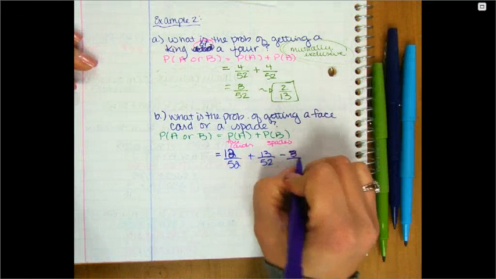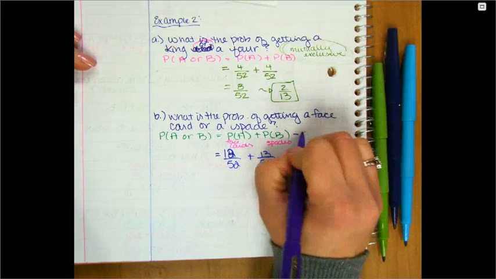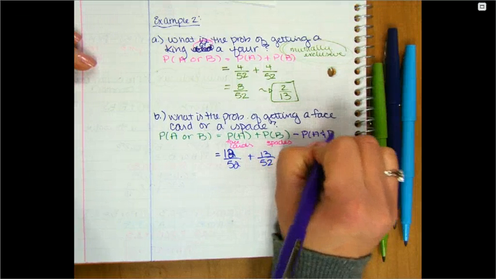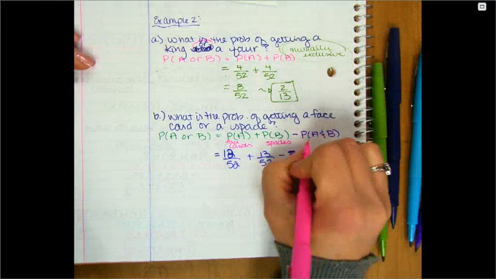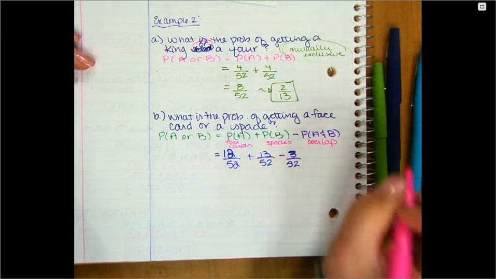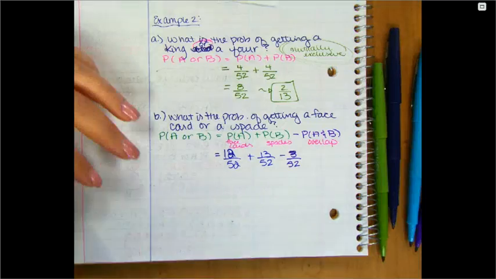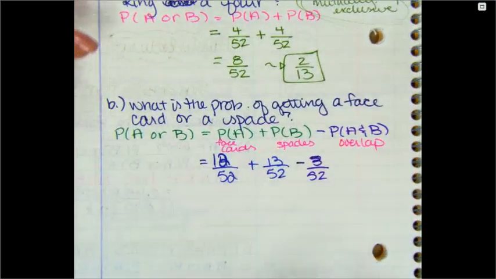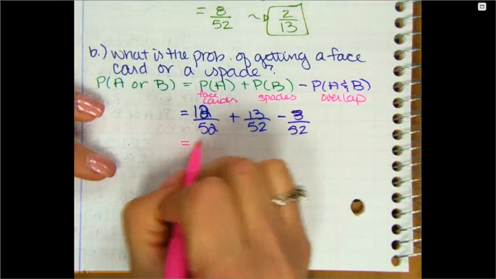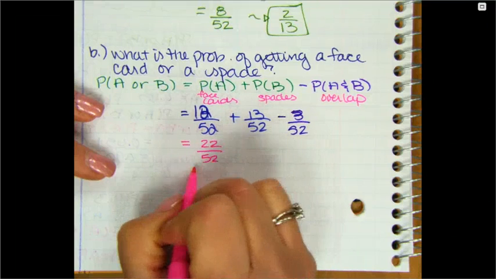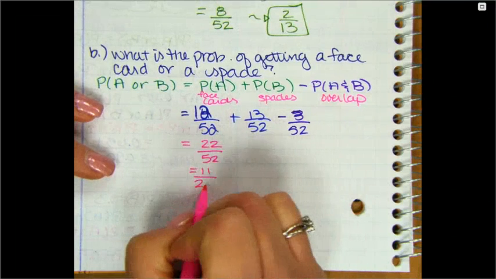So minus probability of A and B, which is the overlap. Which is what? 22 over 52, which reduces to 11 out of 26.